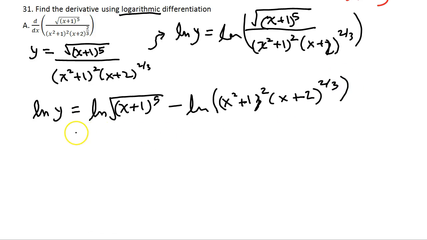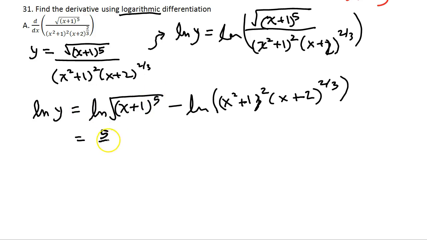Okay, and then you can rewrite this as 5 over 2 because square root is 1/2 power, and 5 over 2, that's an exponent instead of the log, which can jump over the log.